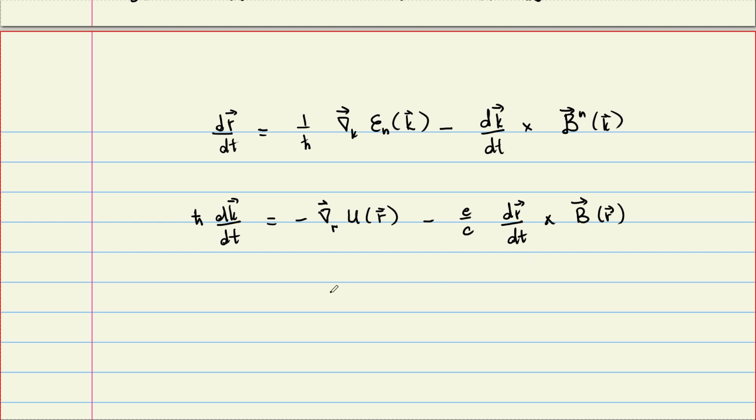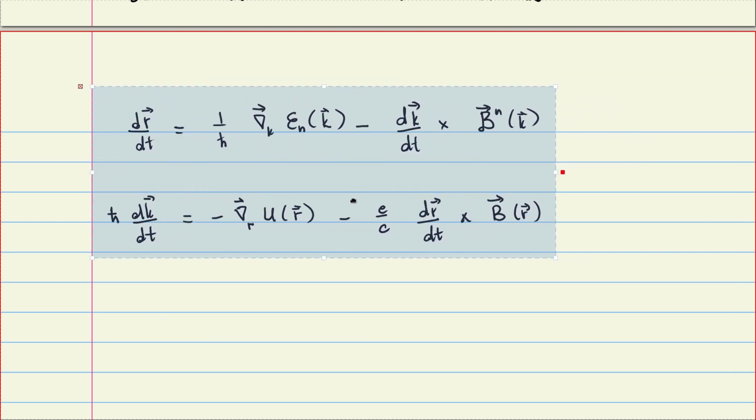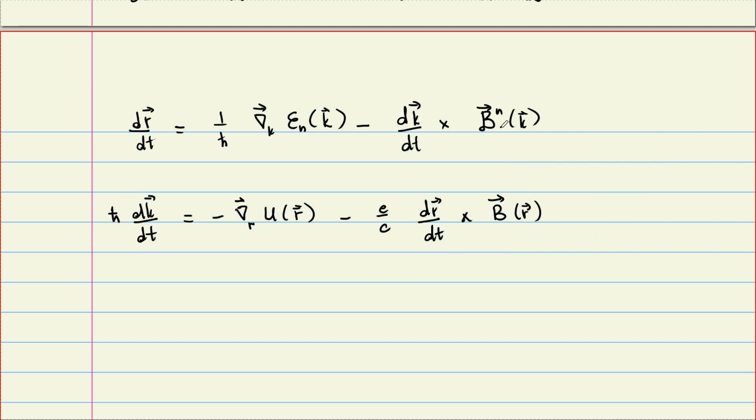This is the Berry phase. Let me push them aside. So this B is curl in K space of this Berry connection. This B is curl in real space of vector potential.